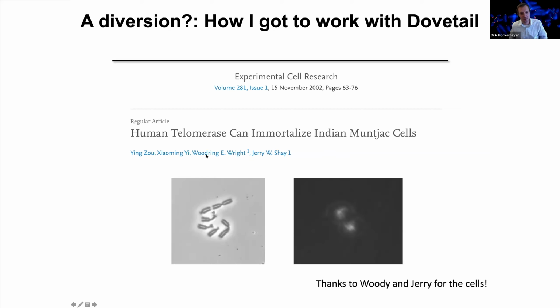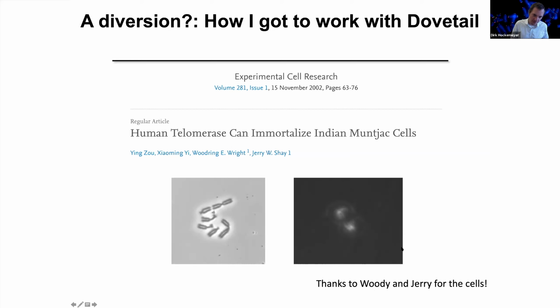Of course, Woody Wright and Jerry Shay 20 years ago already looked at this and characterized the telomere biology in some of the muntjac cell lines. I want to give a shout out to Jerry and Woody, who shared the cells that we sequenced in this project with me.